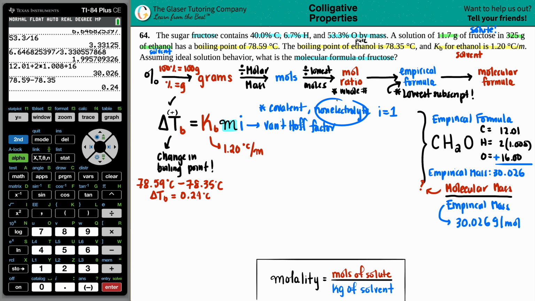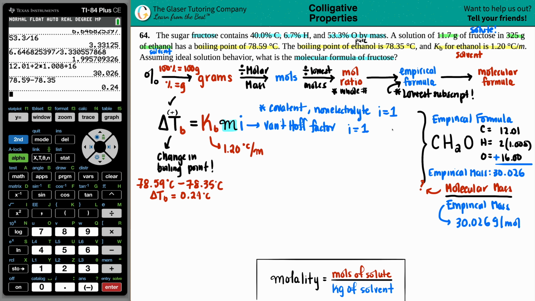For electrolytes, your i value will start with 2. Could be a 2, could be a 3, and that just depends on how many ions are in the solution. But I know my empirical formula has everything to do with carbon, hydrogen, and oxygen. Those are all nonmetals, and all nonmetals are covalent. So we know that we have an i value of 1.